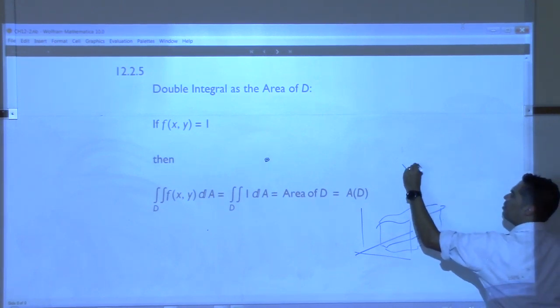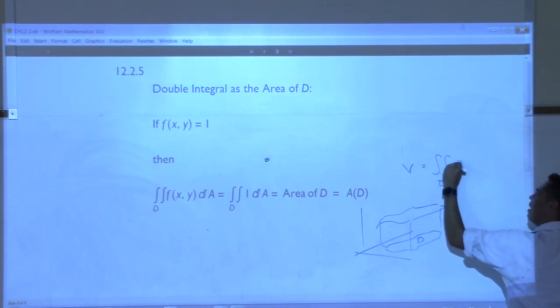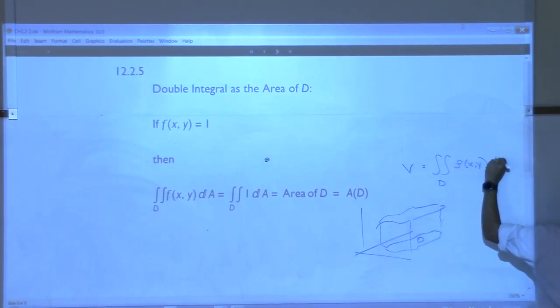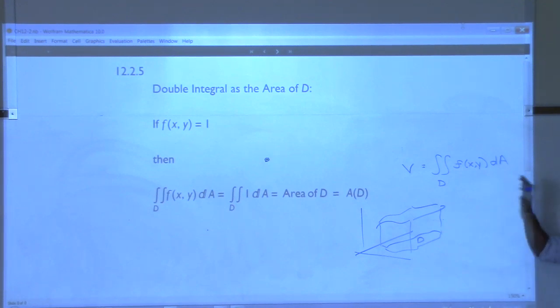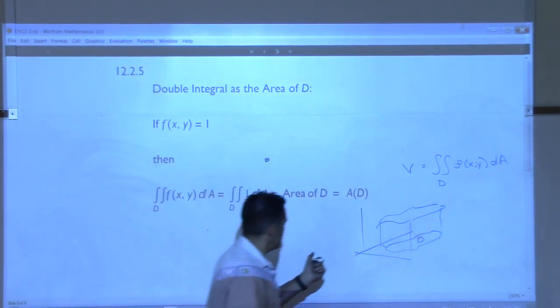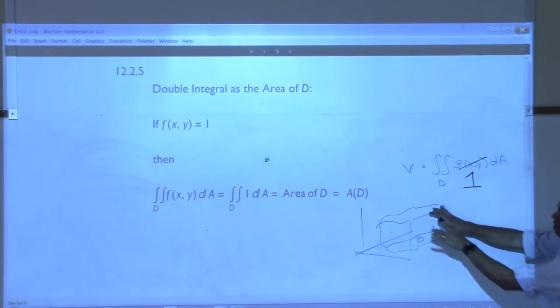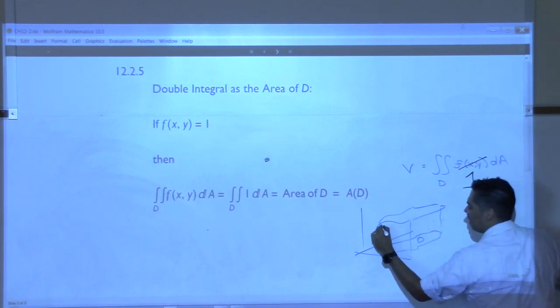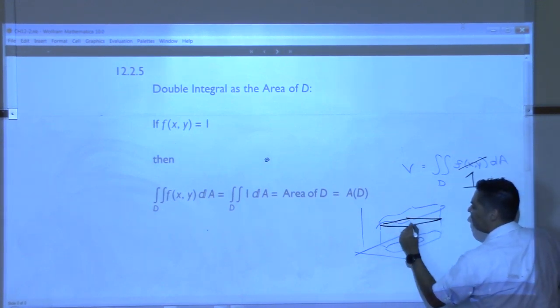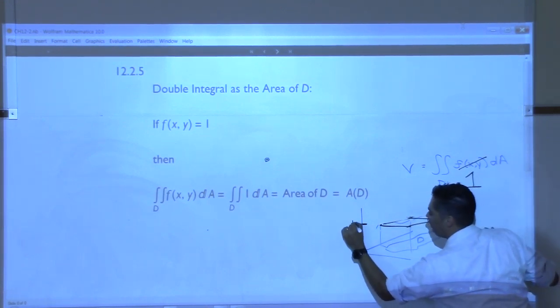Then the volume of everything below that is the double integral over D of that surface with respect to area, right? That's what we've walked into class kind of knowing this already. But what if I tell you that this function here is the constant one function? That means that this function is no longer this thing floating around. It is just a flat surface that is exactly 1 unit off the ground.